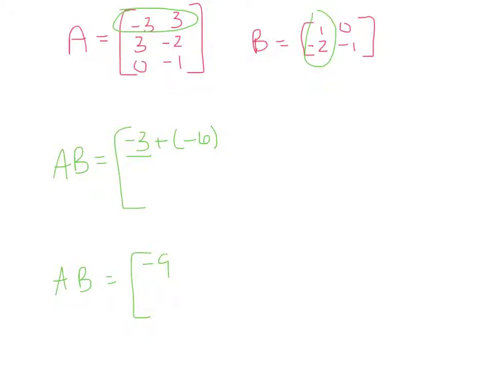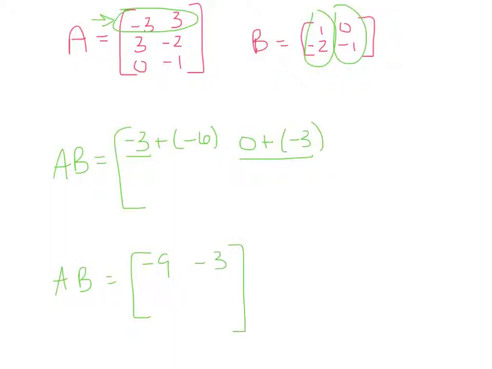Alright, so now to find first row, second column, we're going to take the first row times the second column. -3 times 0 is 0, plus 3 times -1, and that is -3, and so that gives us -3.